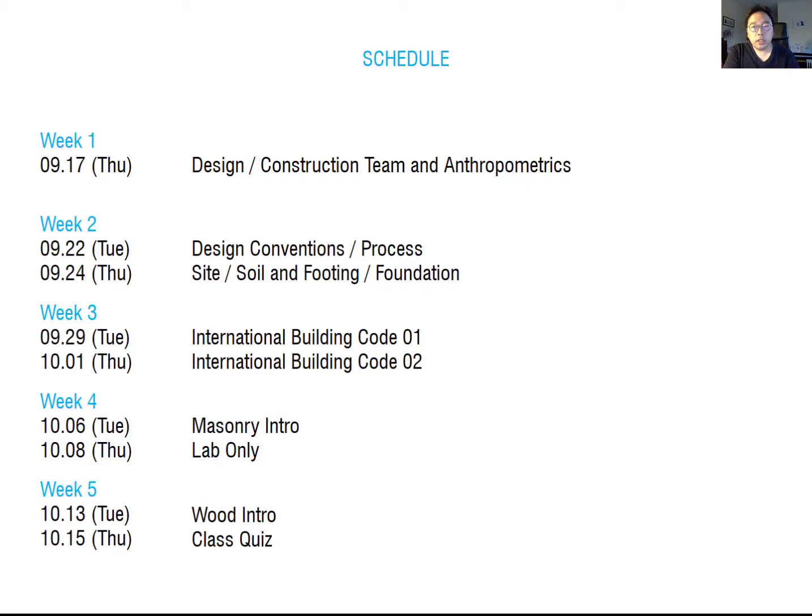In week 3, I introduce the building code, which is the IBC, International Building Code, the building regulation you follow when you propose your design. Then in week 4, I introduce brick, which is a masonry intro. And in week 5 we have a wood intro. Okay, so this is a more fundamental class for understanding assemblies and materials.